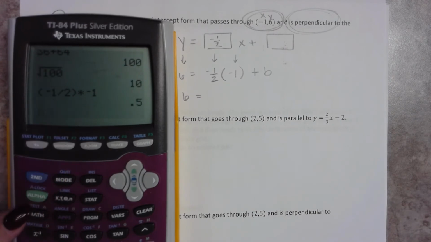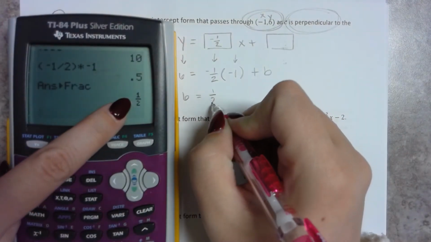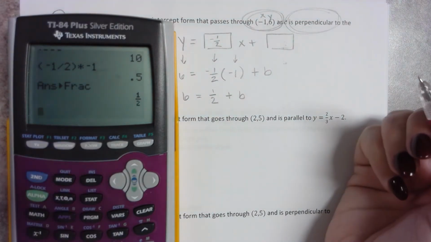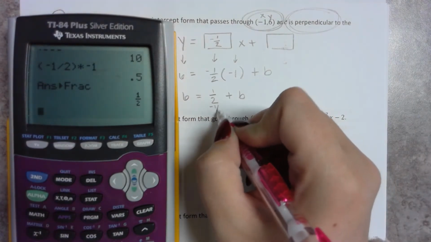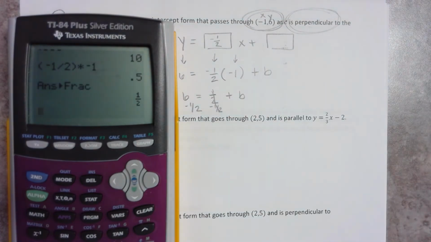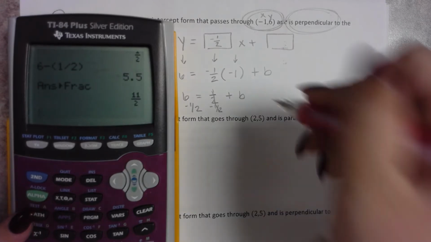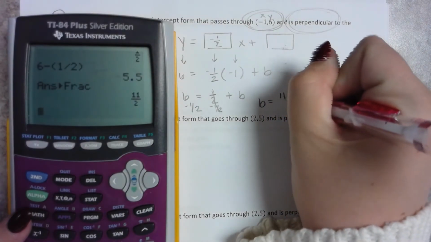And then we're going to press math fraction to give us 1/2. So that gives us plus 1/2 plus b. Now to move a positive to the other side, we'll use subtraction. So we'll have 6 minus 1/2. That gives us a decimal, so press math fraction. And that gives us b is 11/2.